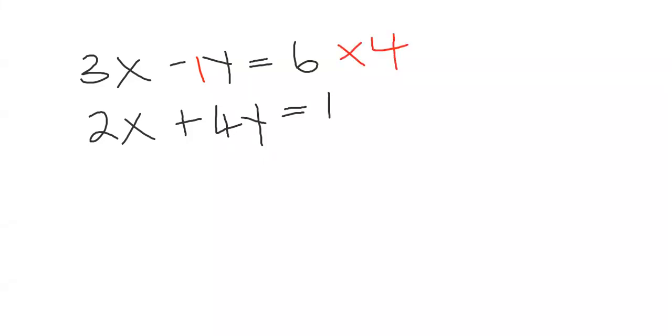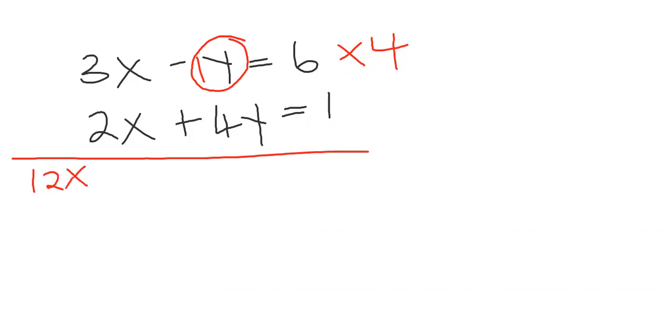So I'm going to multiply the entire first equation by 4 so that I can have a coefficient of 4 here. So I'm going to rewrite my equation. Remember, the 4 is going to multiply every term in your equation. So 3x times 4 gives 12x, minus y times 4 gives 4y, equals 6 times 4, which is 24.